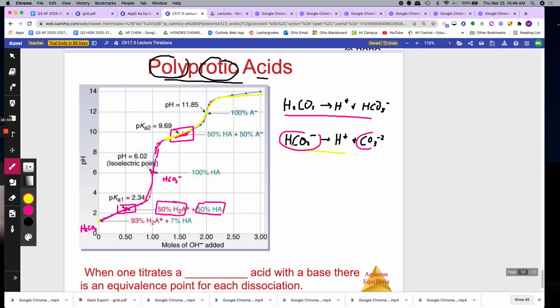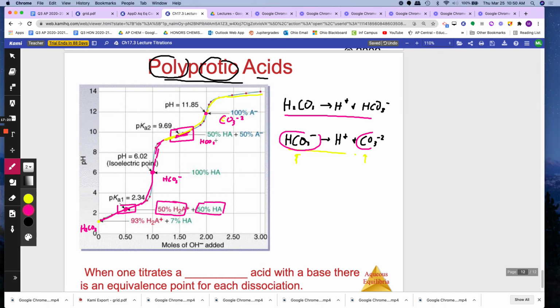And then you keep going. At this equivalence point, you're going to have all CO3 2 minus, because all of them have been titrated. Here you have half and half of HCO3 minus and CO3 2 minus.